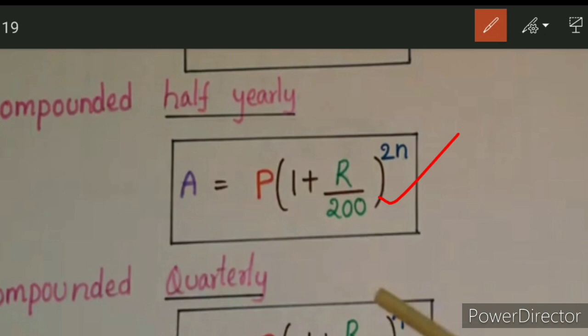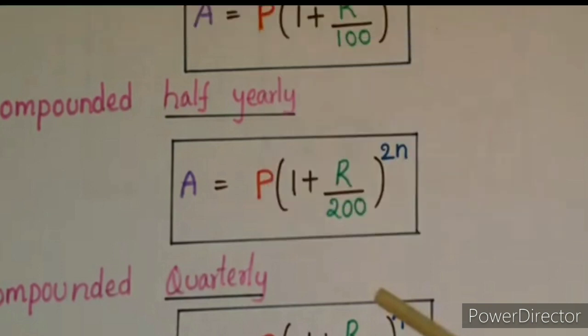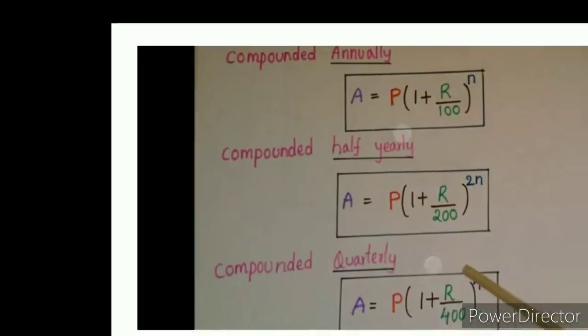Semi-annually means half yearly. Got it? See, what is the formula? Amount equal to principal into 1 plus R by 200, whole to the power 2n. Got it? Yes. We'll write the formula first.